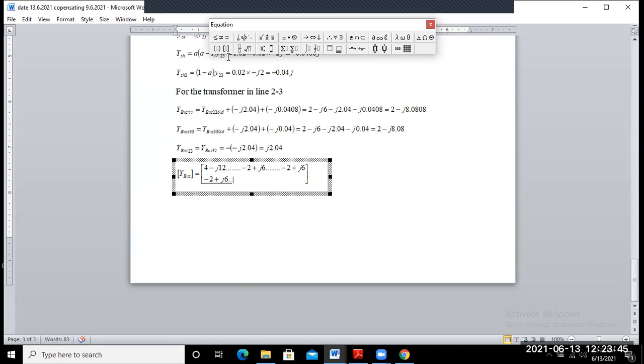The second term is 4 minus j12 in the previous case, but in the new case Y bus 22 new is 2 minus j8.0808.